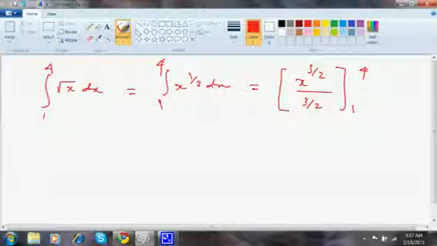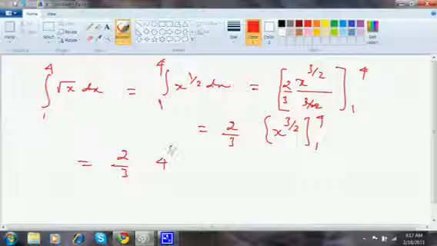So this 3 by 2 can be written as 2 by 3, and 2 by 3 itself is a constant, so taken common. Now in place of x I will write 4 to the power 3 by 2 minus 1 to the power 3 by 2.